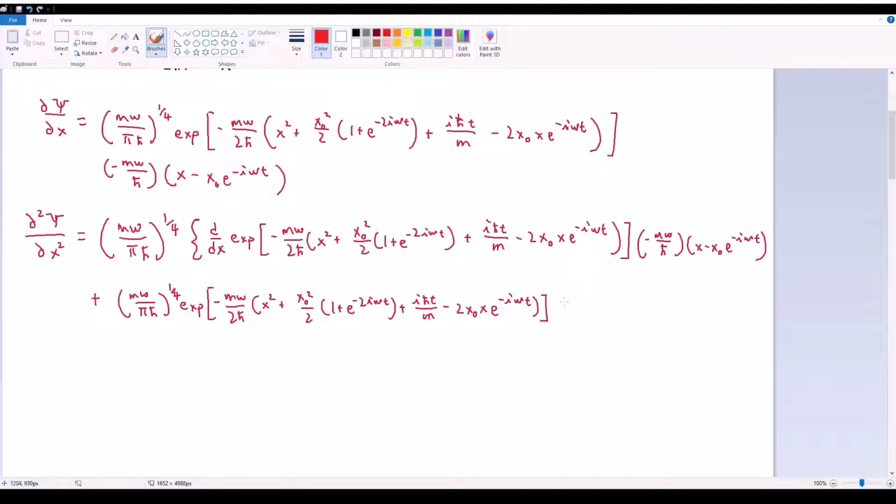Close this off, and then the derivative d/dx of −(mω/ħ)(x − x₀ e^(−iωt)). So this is via product rule.